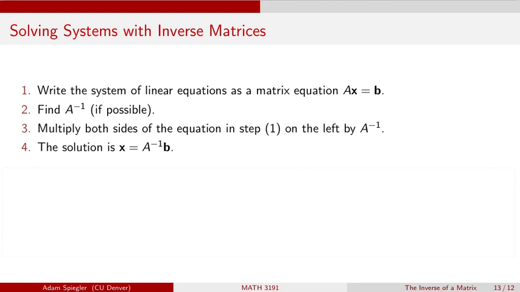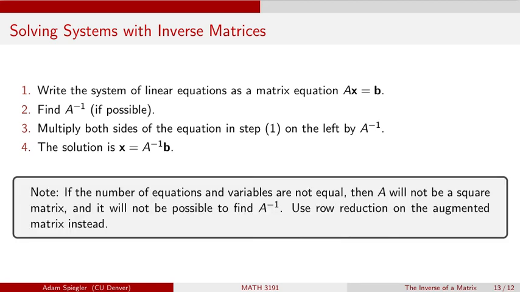There's one caution here. This is great if we have the same number of linear equations as we have variables. Recall, only square matrices can possibly have inverses. So this is not going to be a useful strategy if the corresponding matrix of coefficients is not square.